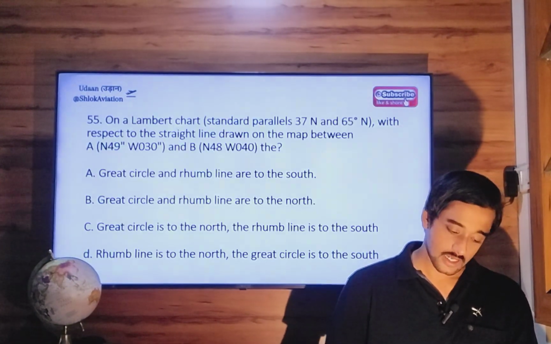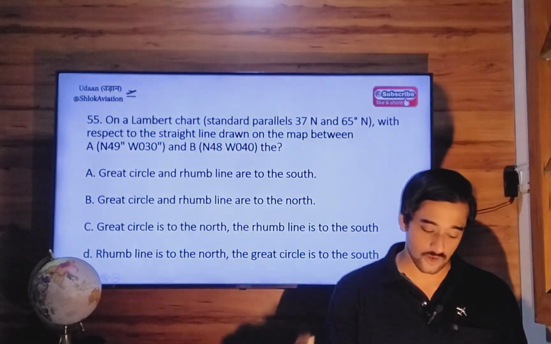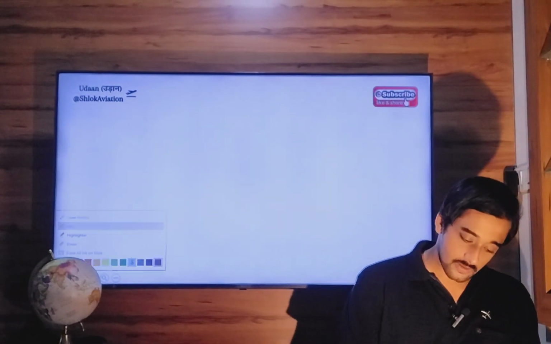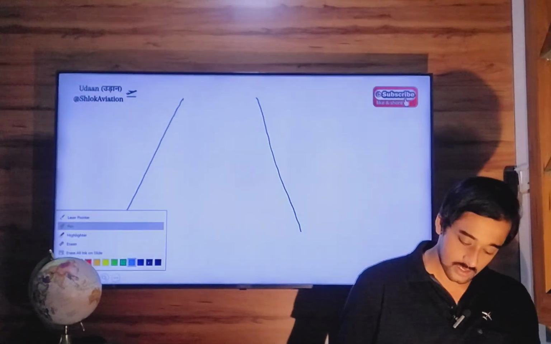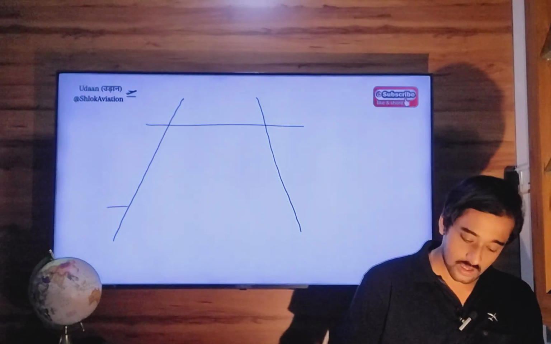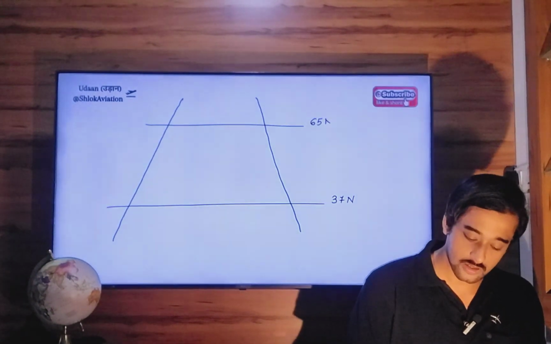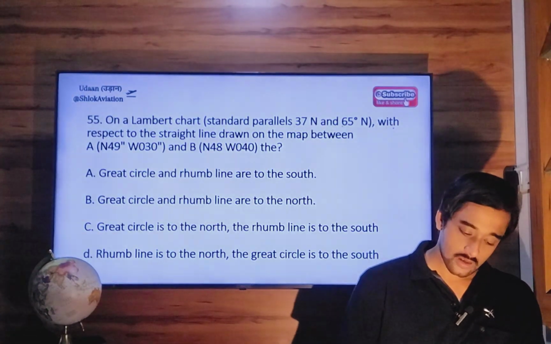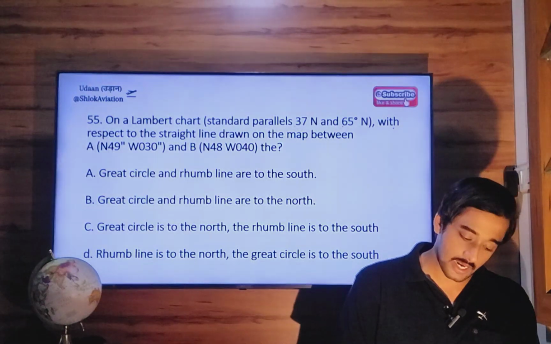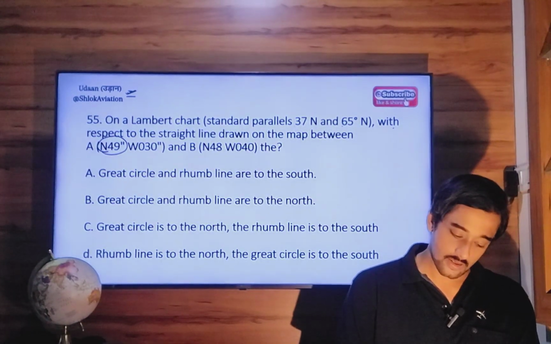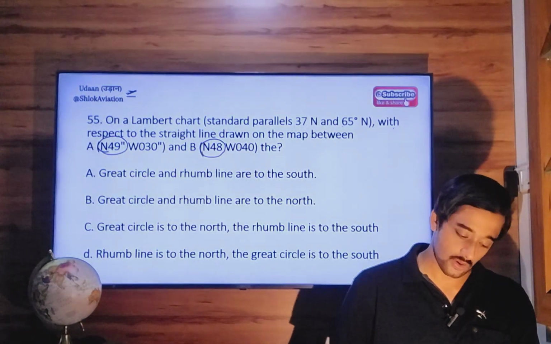Next. On a Lambert's chart, standard parallels are 37 north and 65 north. So let's say this is your Lambert's chart, 37 north and 65 north. And there is a straight line, you are drawing a straight line between 49-degree north and 48-degree north.